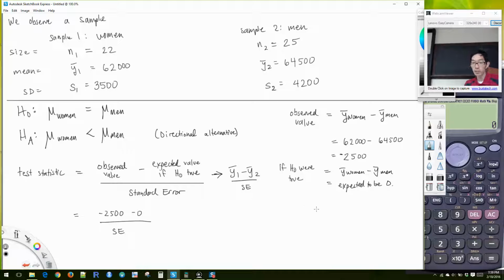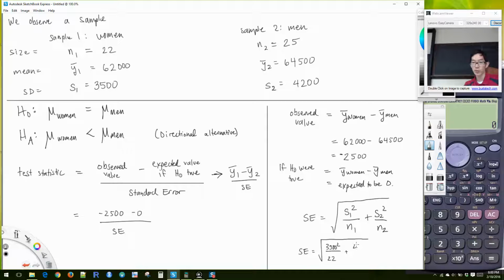The standard error, I think this quantity will be familiar, is the same standard error that comes from our sampling distribution for a difference between two means, which is S1 squared over N1 plus S2 squared over N2. So our standard error is going to be the square root of 3,500 squared over 22 plus 4,200 squared over 25.